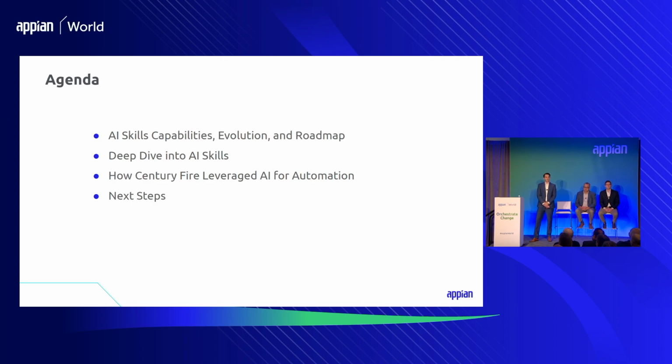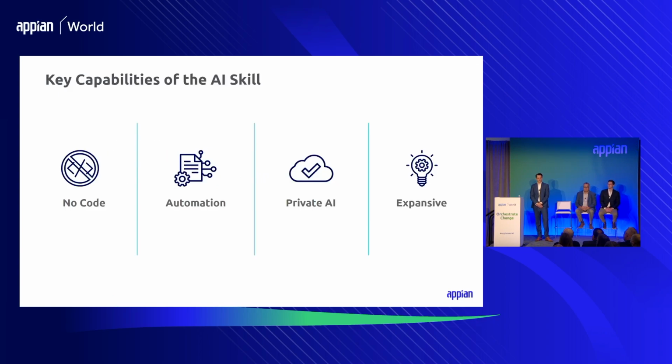We're going to do a deep dive into several of those AI skills, training them and embedding them in a workflow. And then we're going to have Sentry Fire protection. We have Braden Hetzel and Alex Shagnosky here to talk about the Sentry Fire protection project that you heard about at the keynote today, a bit more details about that project and the successes they saw. And then finally, we'll leave you with a few next steps and we'll have a Q&A.